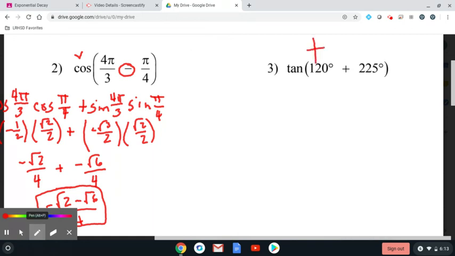So first thing is if we think about 120, we know we're in quadrant 2. And if we think about 225, we know we're in quadrant 3. Remember, 225 goes with a 45-degree angle, and 120 goes with a 60-degree angle.